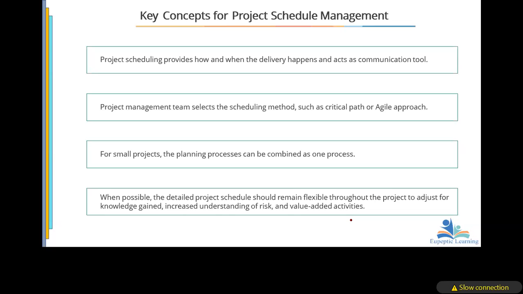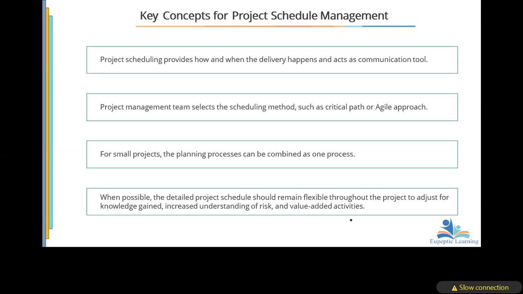So we see that when possible, the detailed project schedule should remain flexible throughout the project to adjust for knowledge gained, increased understanding of risk, and value added activities. Once we are developing the schedule, we have to add what we call buffers.